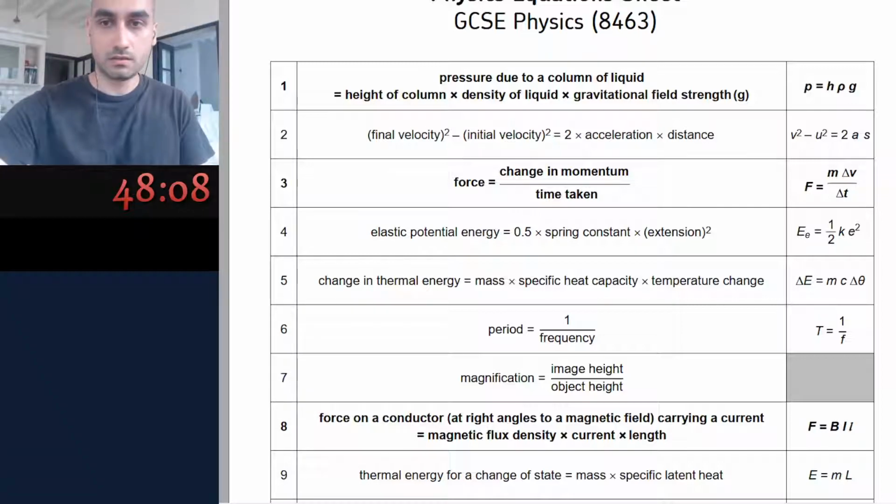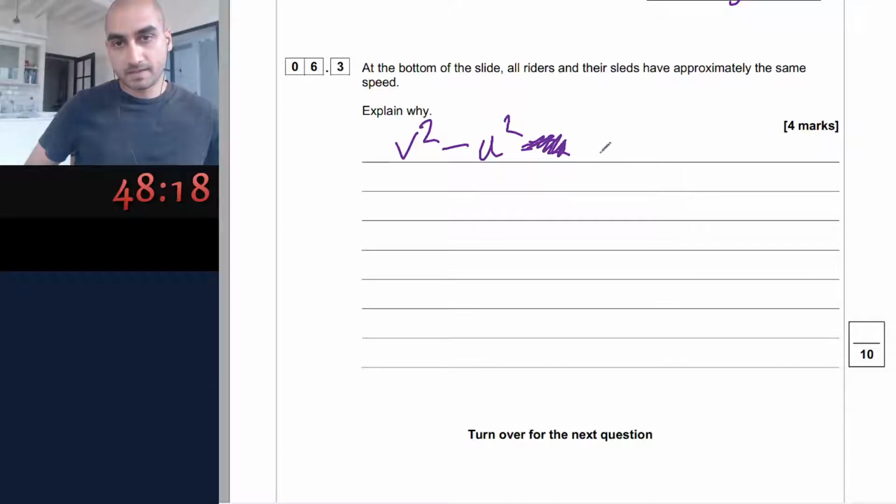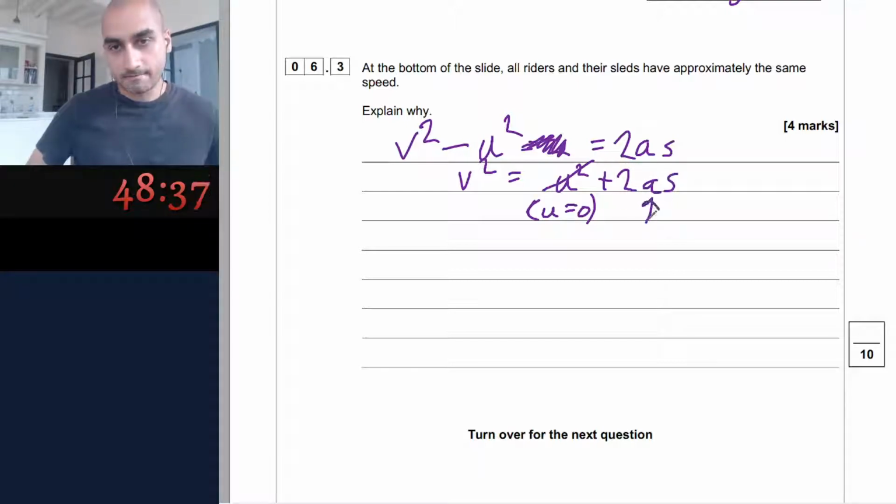V squared minus u squared equals 2as. So v squared equals u squared. U equals 0 because they start stationary. Plus 2as. 9.8 constant.